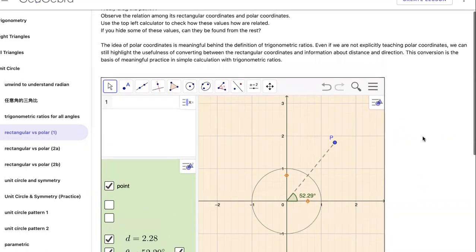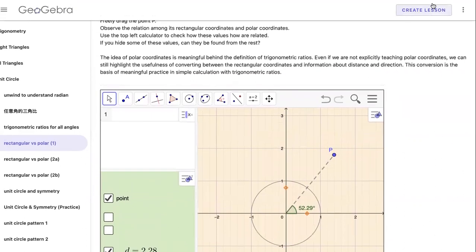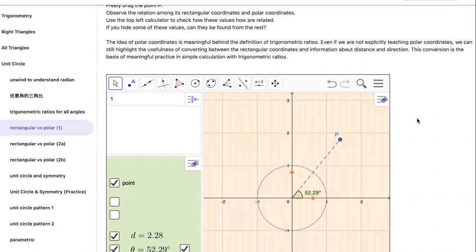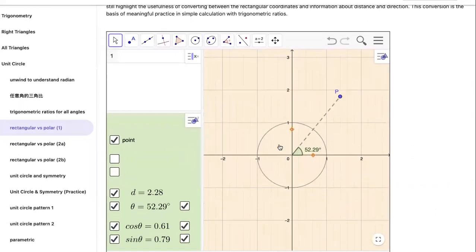And I also showed you at the beginning that in the GeoGebra platform, you can turn it into a GeoGebra lesson, and then if you turn it into a lesson, share the links with the students, then you can see how they may be doing individually. But of course, this applet is not designed originally to be used in this way.